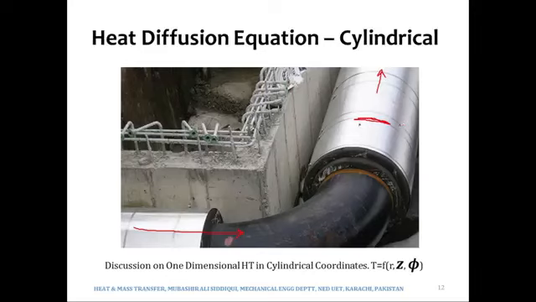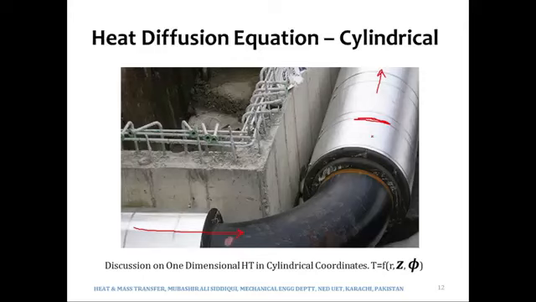I do not want to draw it, but you should visualize that this arc will subtend an angle at the center of this pipe. Now that angle is phi.